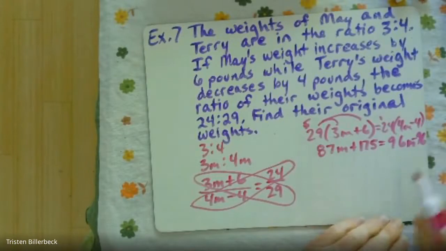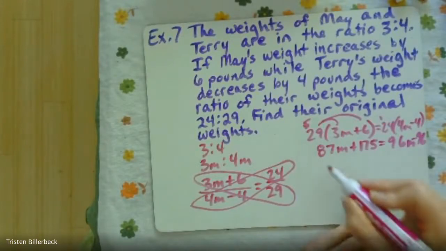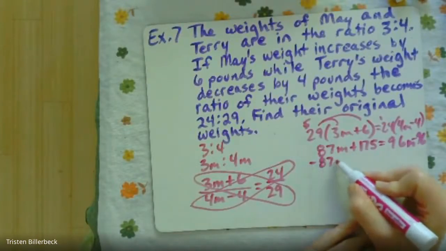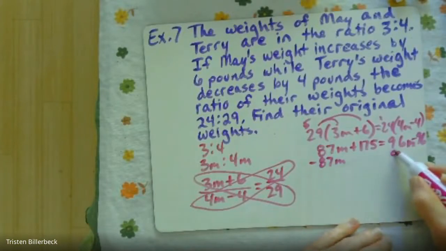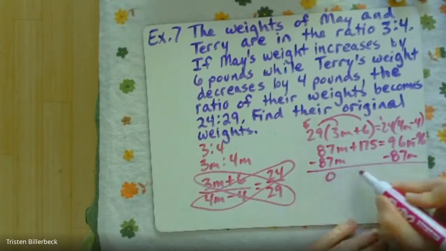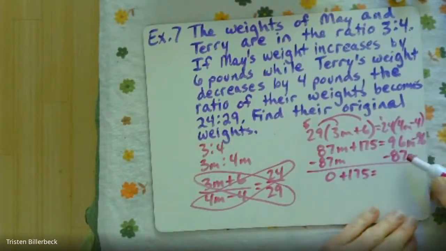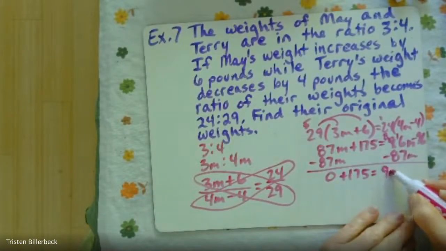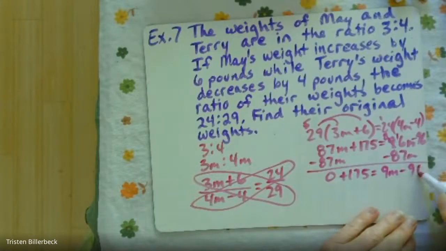All right, so let's move some things. Let's subtract the 87m from this side. That gives us 0 plus 174 equals, and then when we carry 1 from here, we get 9m minus 96.